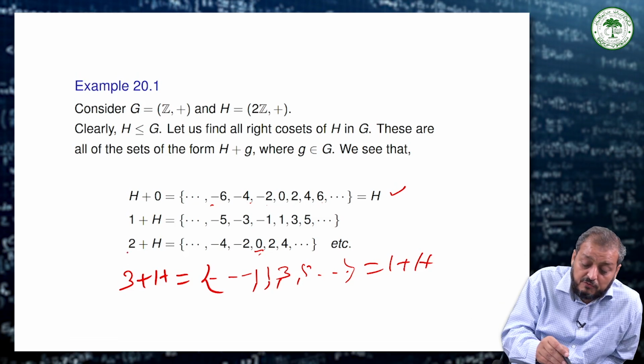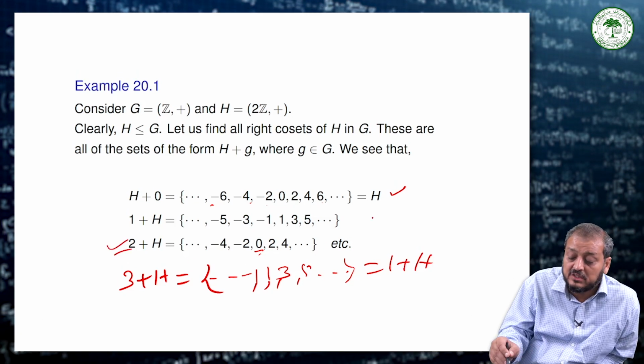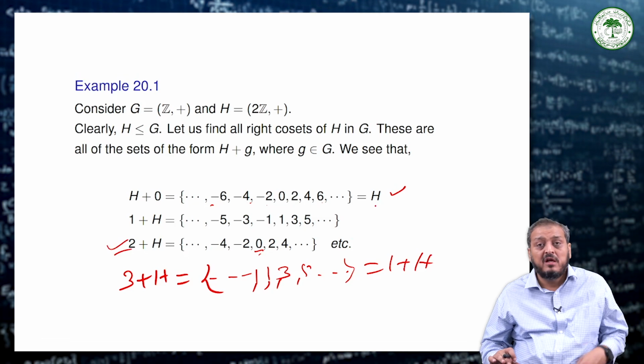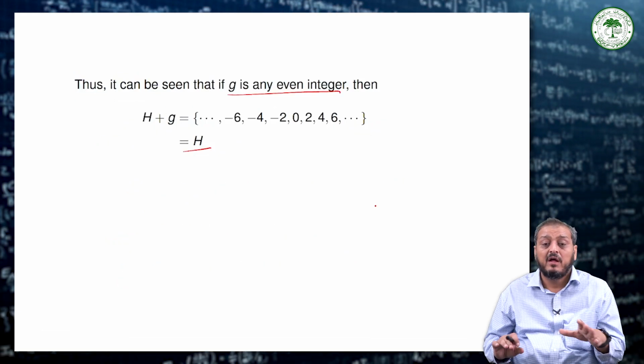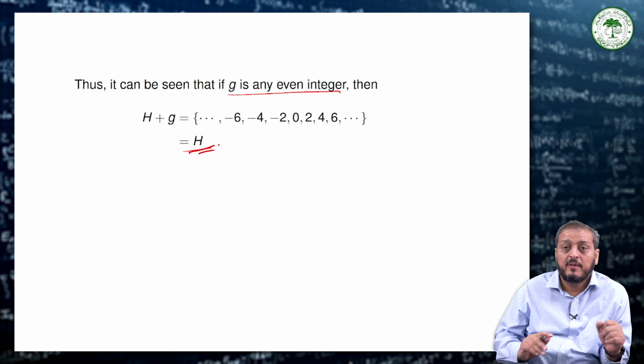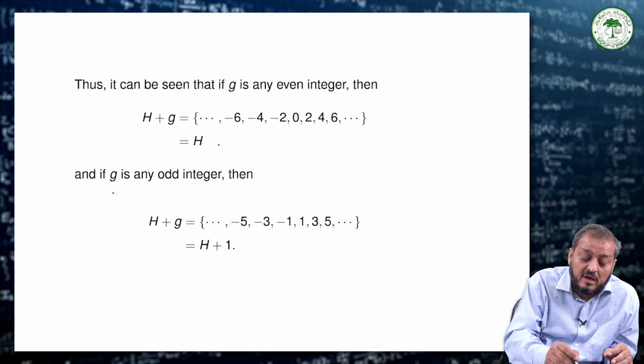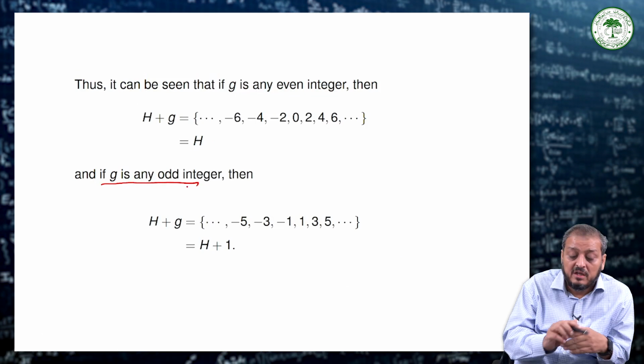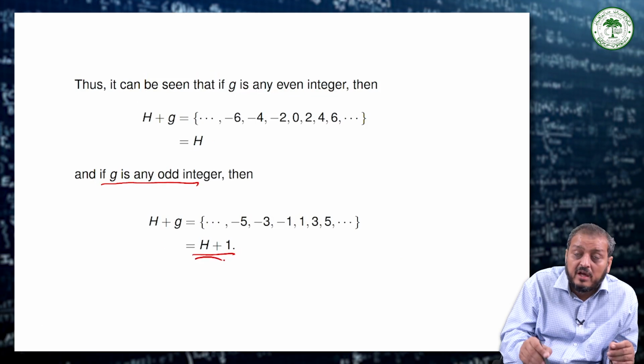If we write 4 plus H, it is again giving the same H. So in general we can say that if g is any even integer, then H plus g is in the form of H, and whenever g is any odd integer, then H plus g can be written as H plus 1.